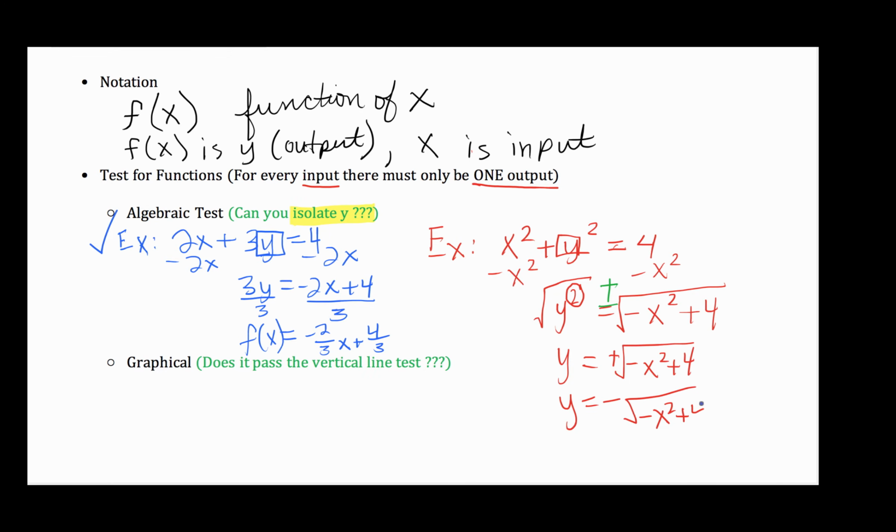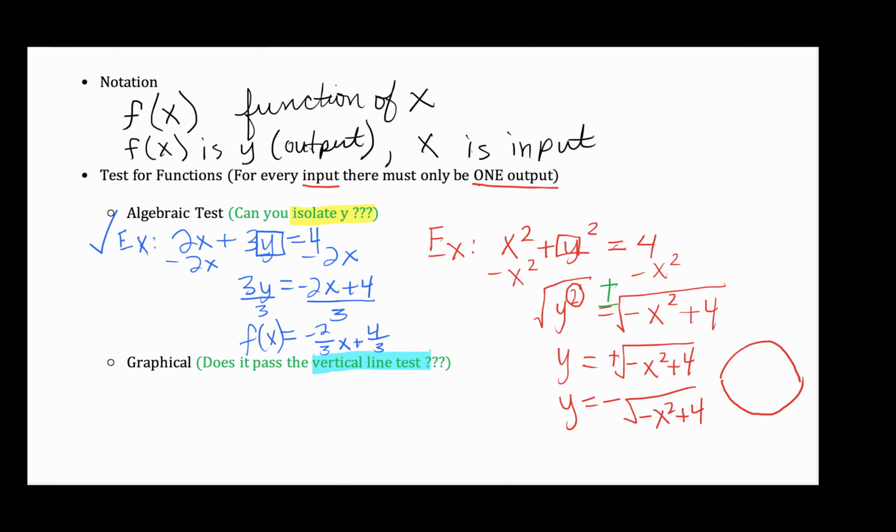And if we graphed both of these separately in our calculators and put it together, the upper half would be this semicircle, and the bottom half would be this semicircle. And together we're going to discuss how that would not represent a function graphically. It does not pass the vertical line test.